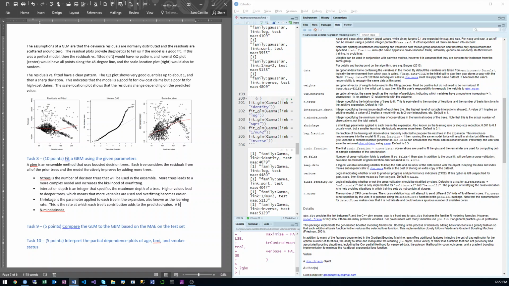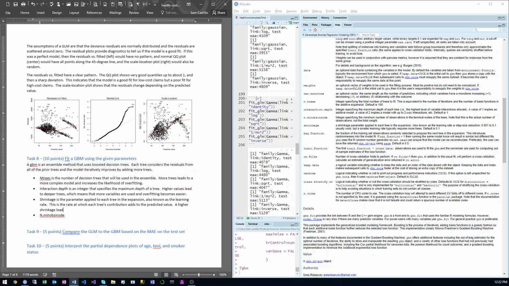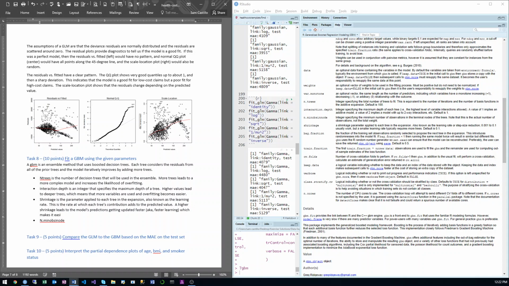So a higher shrinkage leads to the model's predictions getting updated faster, aka it's faster learning, which makes it easier to overfit.